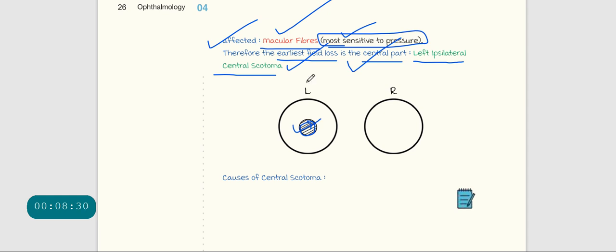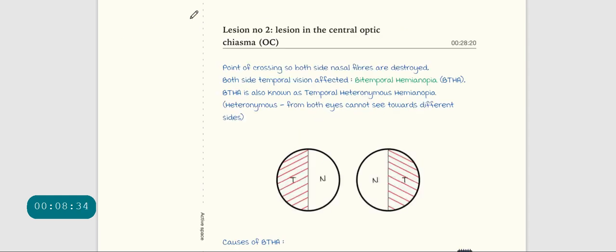Now another type of lesion is one in which the central optic chiasma is affected, at the point of crossing. Both sides' nasal fibers are destroyed, so the vision affected would be the temporal vision, as we studied.